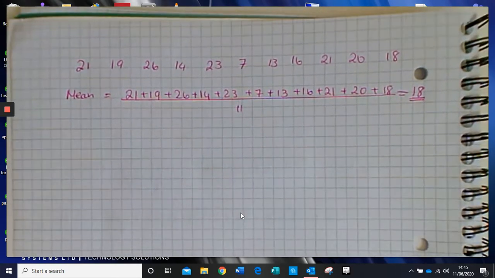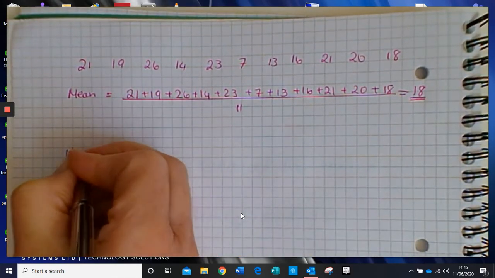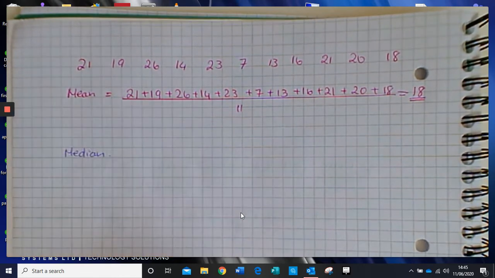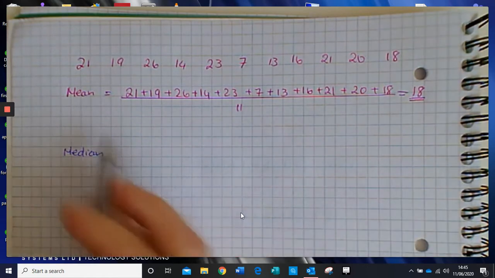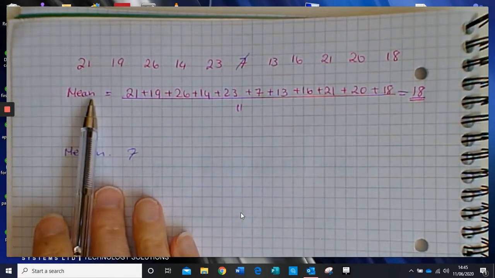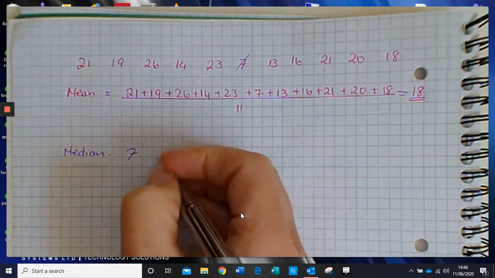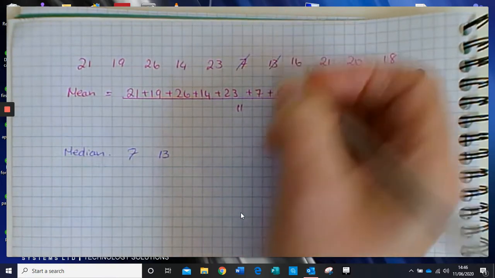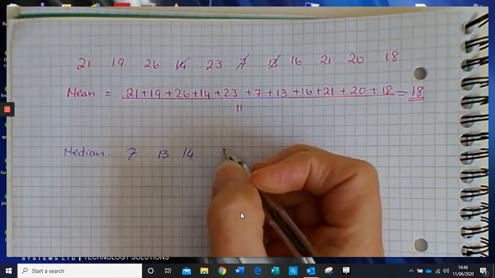The next thing I'm going to do is my median. So median means rearranging them. Again, start with your smallest number, which is going to be 7. Cross it out. You know you've used it. 7. The next smallest one would be 13. Cross it out. Have I got 14? I have 14. Have I got 15?